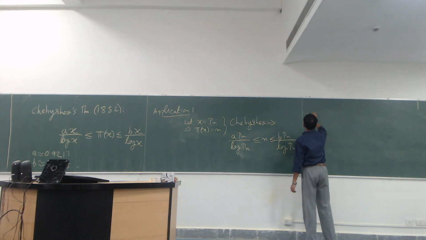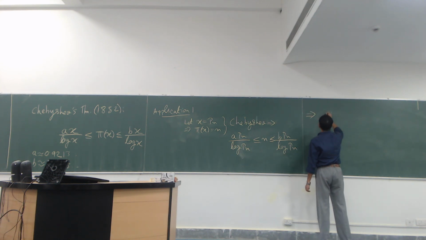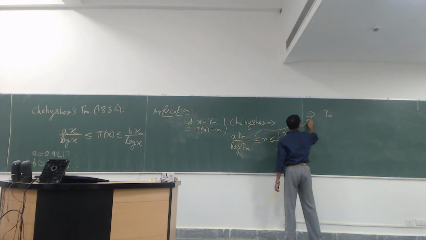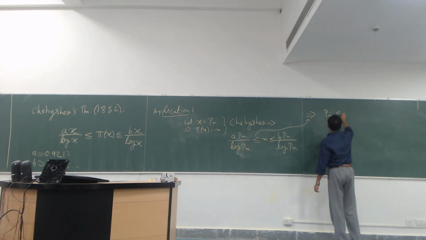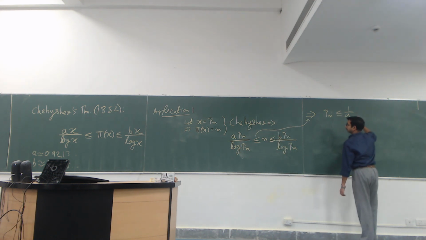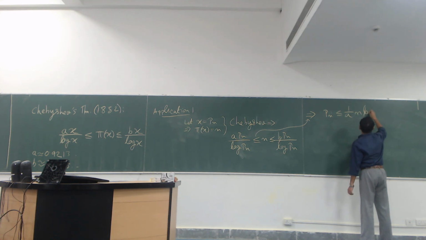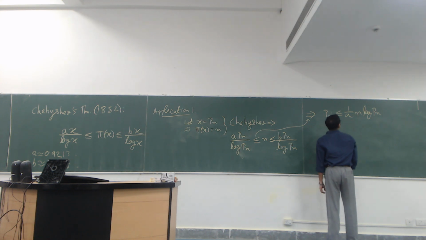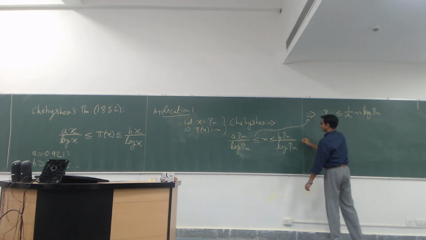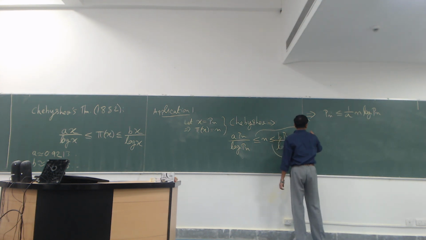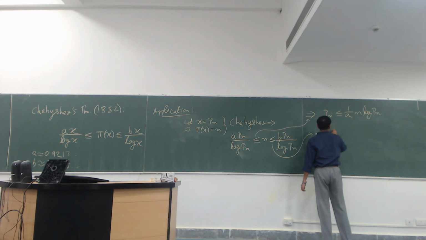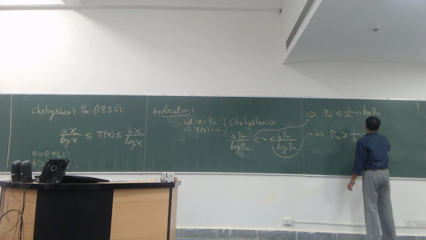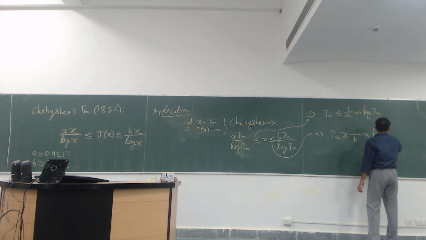And that implies that, so the first inequality implies that Pn is less than or equal to (1/a) n log Pn. And the second one is that Pn is larger than or equal to (1/b) n log Pn.